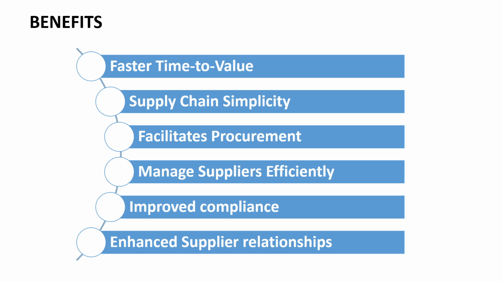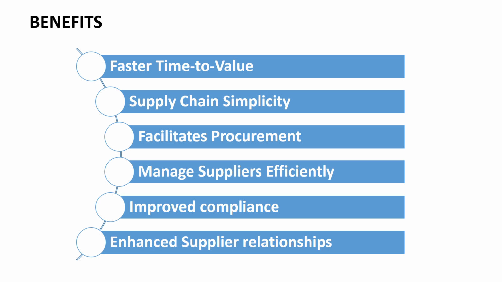This is the first benefit of SAP Ariba. The second benefit is supply chain simplicity. It means SAP Ariba simplifies complex supply chain operations by integrating various supply chain processes into a single platform, and it reduces complexity. This is the second benefit.